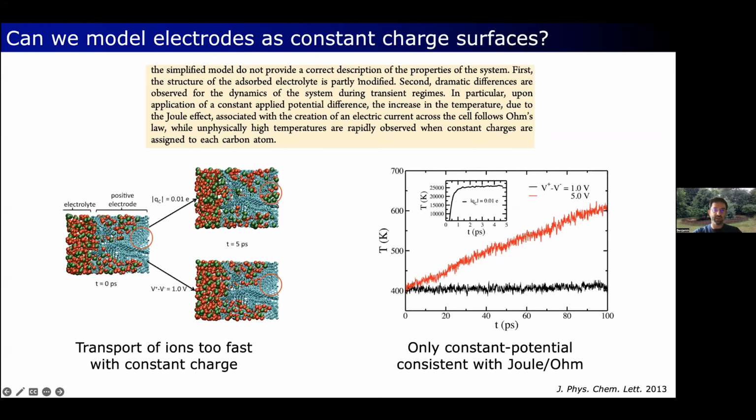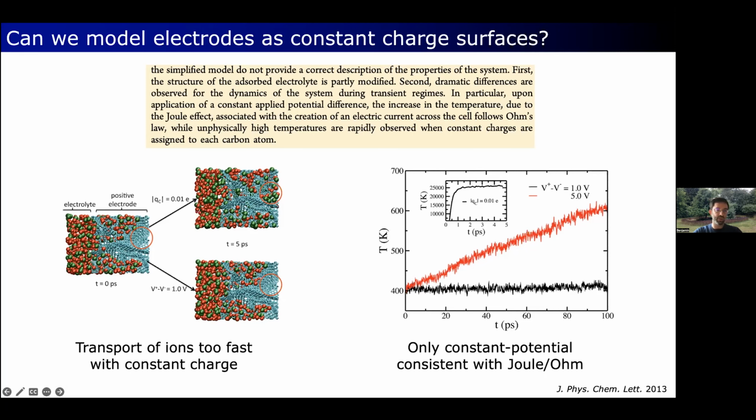So here is an excerpt from the abstract, but I've highlighted two examples related to the dynamics. If we look at a single electrode during the charging process for an unopposed carbon electrode, at time 0, we can apply voltage between the two electrodes. And if you wait for a few picoseconds, well, ions are moving, but they still haven't really filled the rightmost part of the electrode.